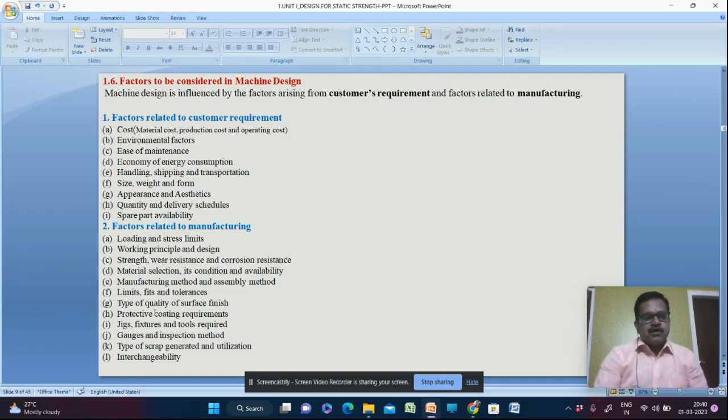Next, let us talk about the protective coating requirements. The protective coating requirements are to have a very good corrosion resistance, and also to give a pleasing appearance to the eye, and also the convenience of handling.